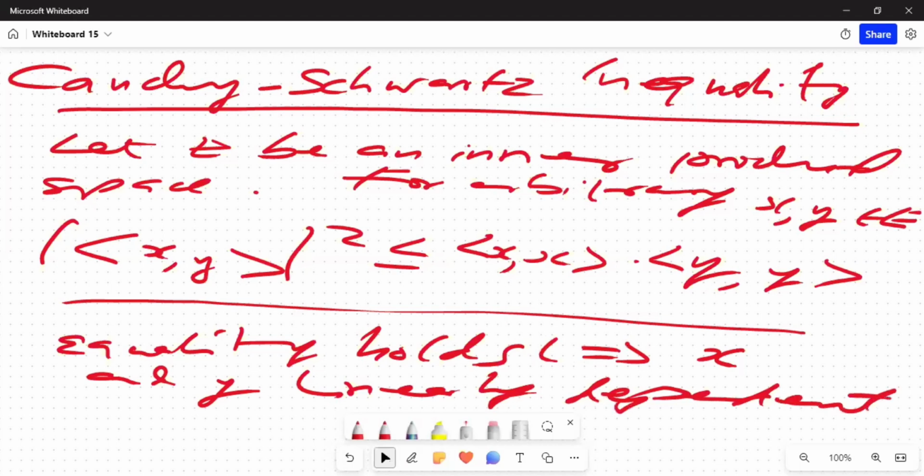I'm sure you remember when we said that two vectors are linearly dependent. Do you remember? When y is kx, k in R.